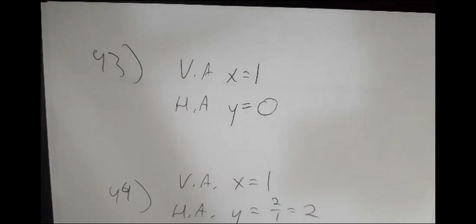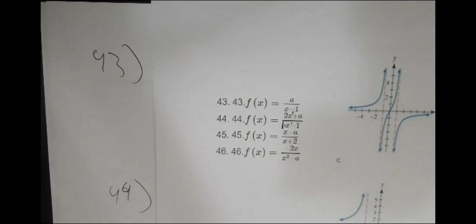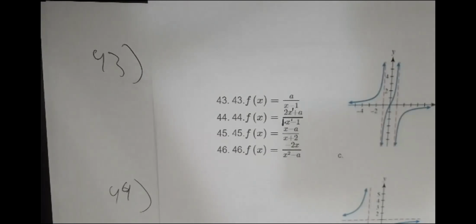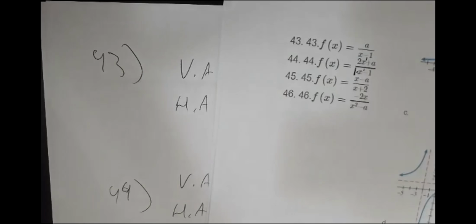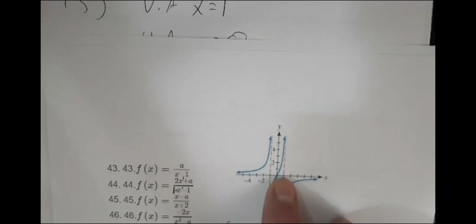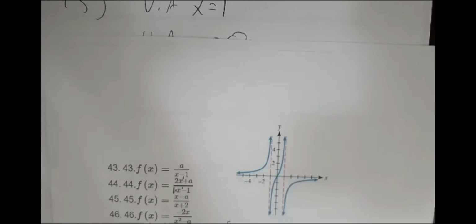Let's see. X equals 1. So x equals 1 is one of my asymptotes. Well, this one gives me x equals 1 and y equals 0, so that might be one of them.